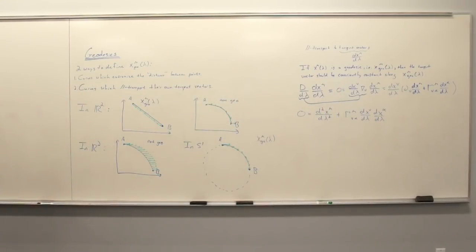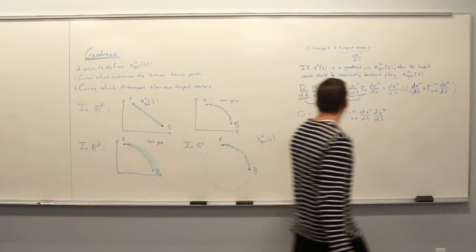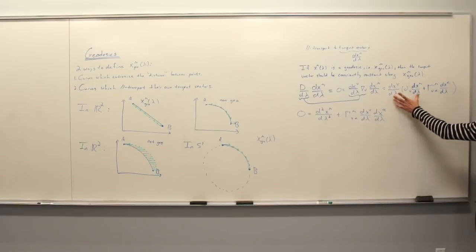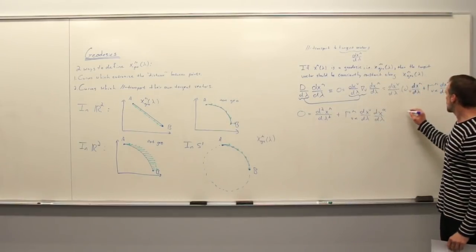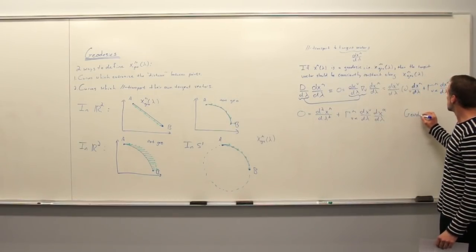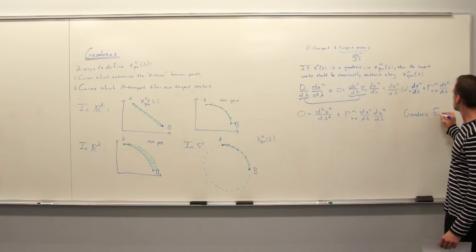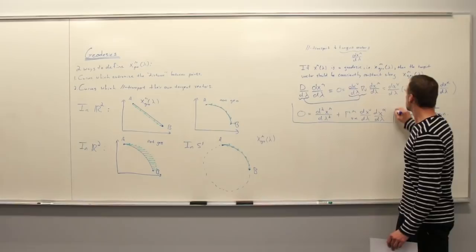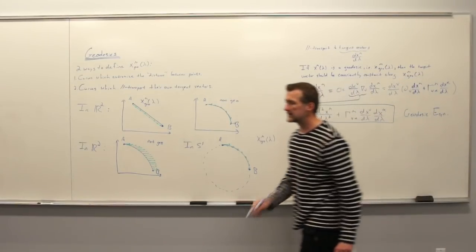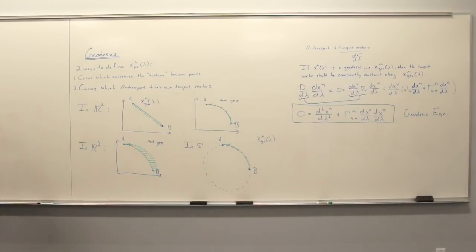Okay. The d2 x mu d lambda squared is just recollapsing this term. And this is what we call the geodesic equation. Write that down, we're going to do a lot with it.